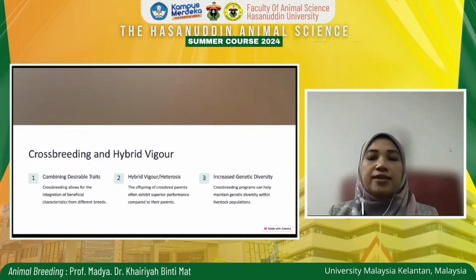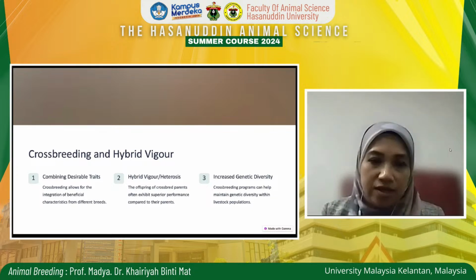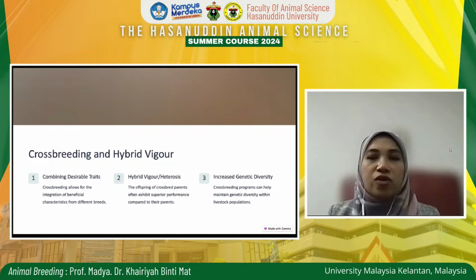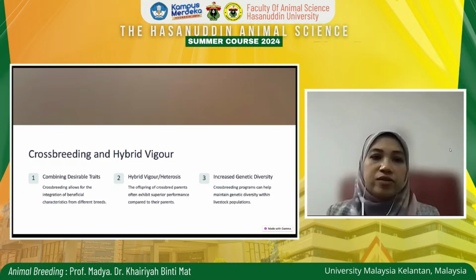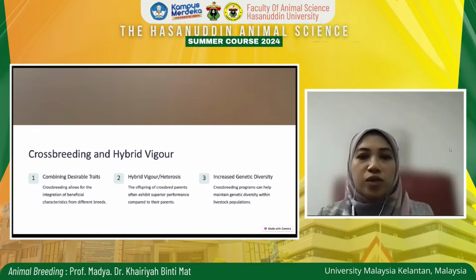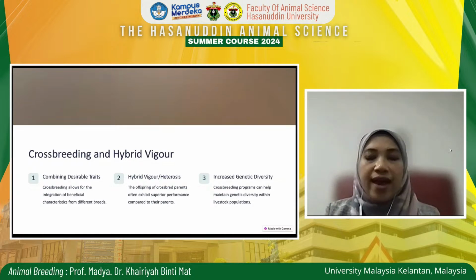The second important thing to be achieved is increased production. By crossbreeding, not only can we maintain a good trait, but we can also import other good traits from other breeds into that particular breed. That is the beauty of crossbreeding. It will help us to achieve hybrid vigor, or heterosis.